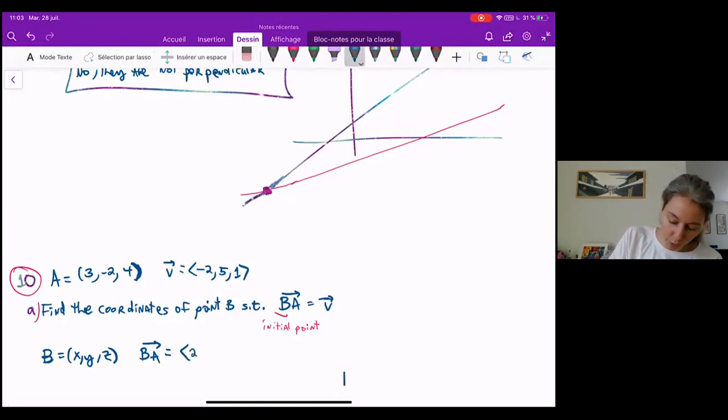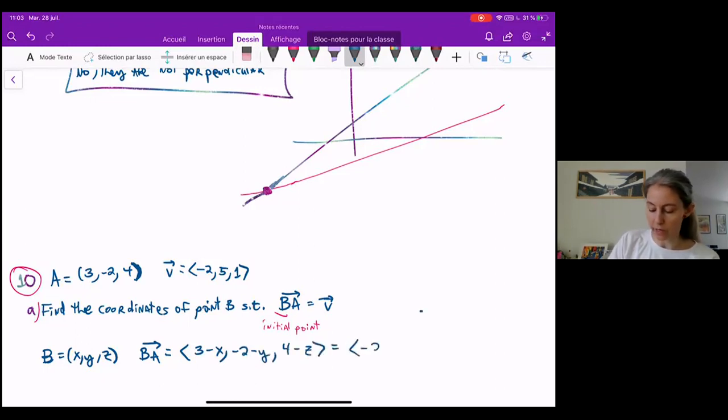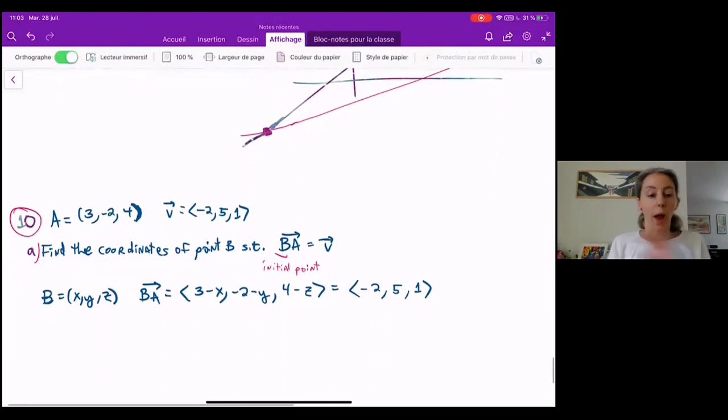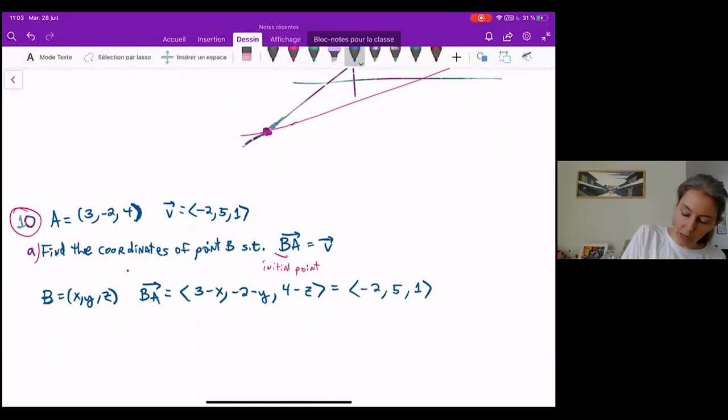So this is A minus B, which is 3 minus x, negative 2 minus y, and 4 minus z. And I want this to equal V. So A is a point, V is a vector, and now we have BA, and we're setting it equal to negative 2, 5, 1. So in other words, 3 minus x is equal to negative 2.